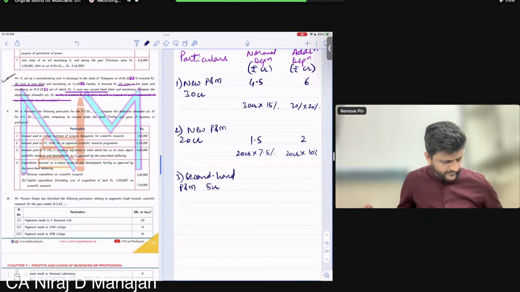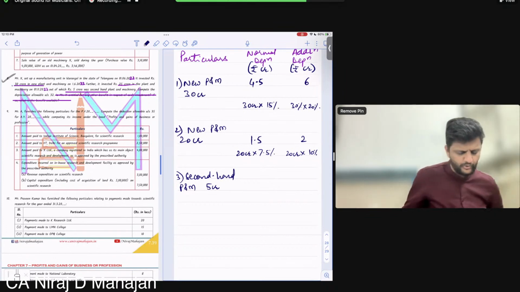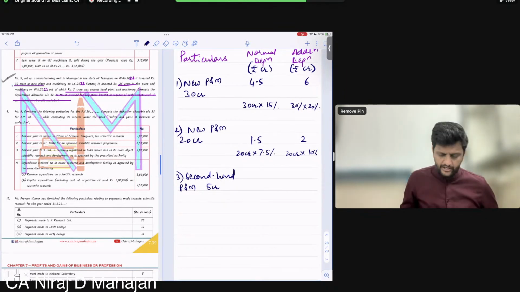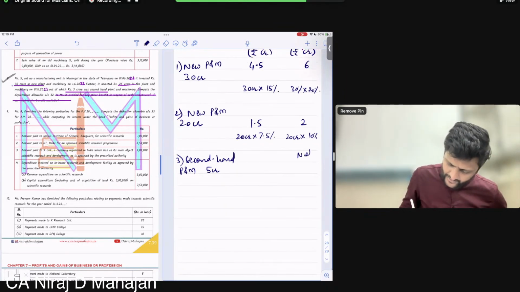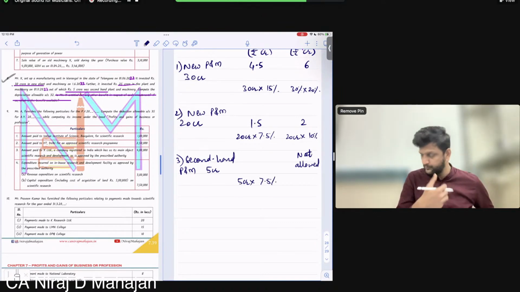Five crore. Yes, till here? Again, that 5 crore belongs out of 25. I hope you know, over there we are giving half, but here we will not give any additional depreciation. So here 5 crore into 7.5%, yes, 0.375.